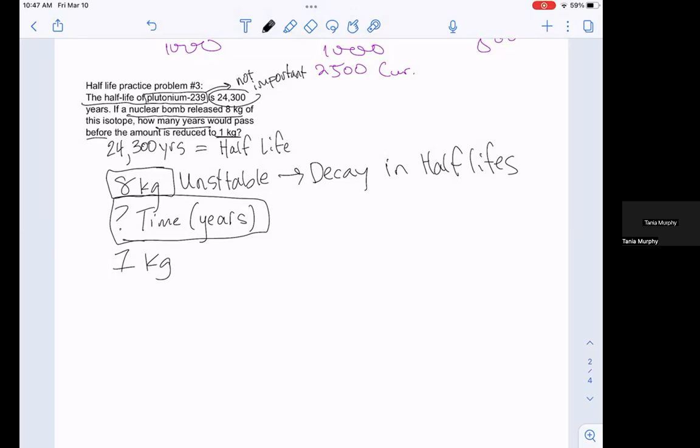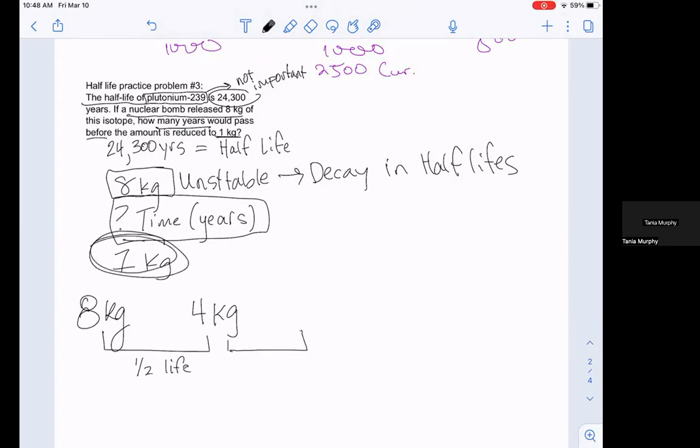All right, so we're going to start with our 8 kilograms and we are going to cut it down 1 half-life, right? 1 half-life. And after that 1 half-life, half of it would remain. So I'll cut that in half and I'll have 4 kilograms.